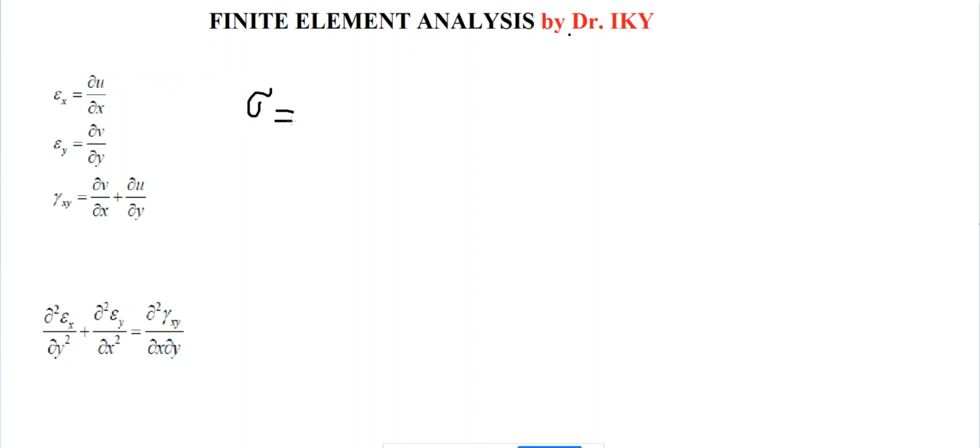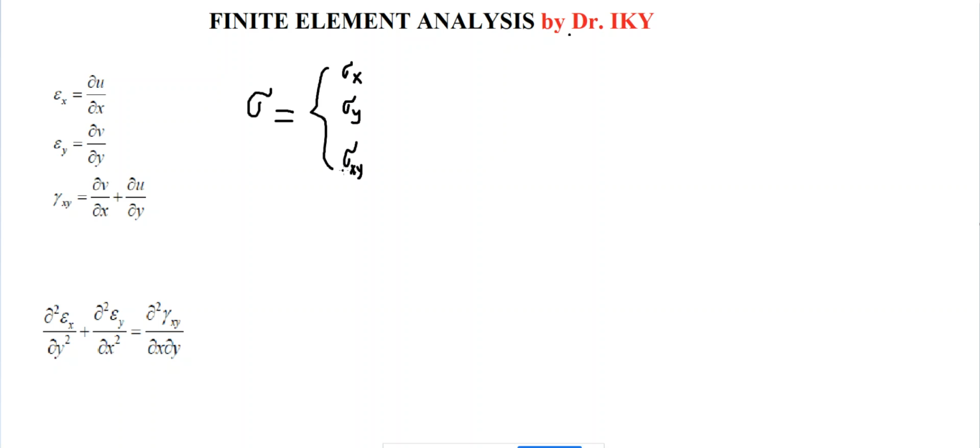So sigma is equal to, let me extend the class about 10 minutes. I don't know if it's going to be enough or not. Let me see. Sigma x, sigma y, and xy.